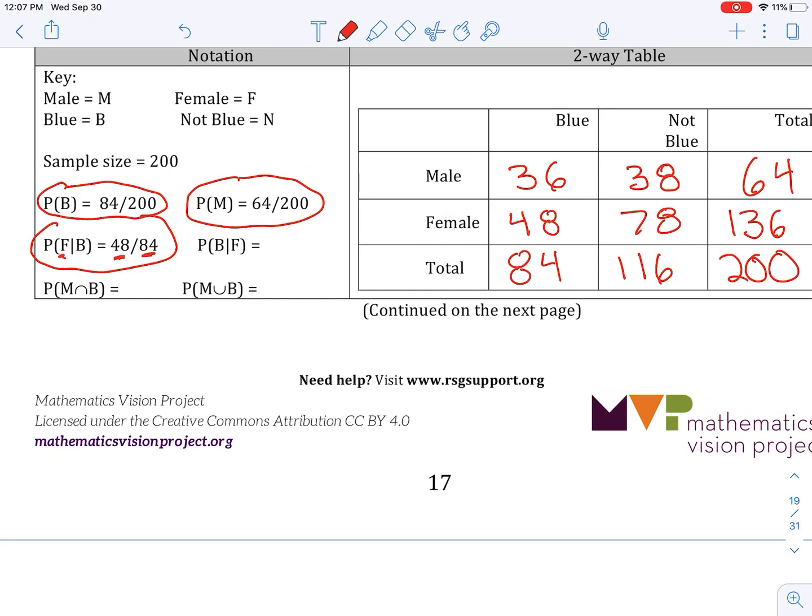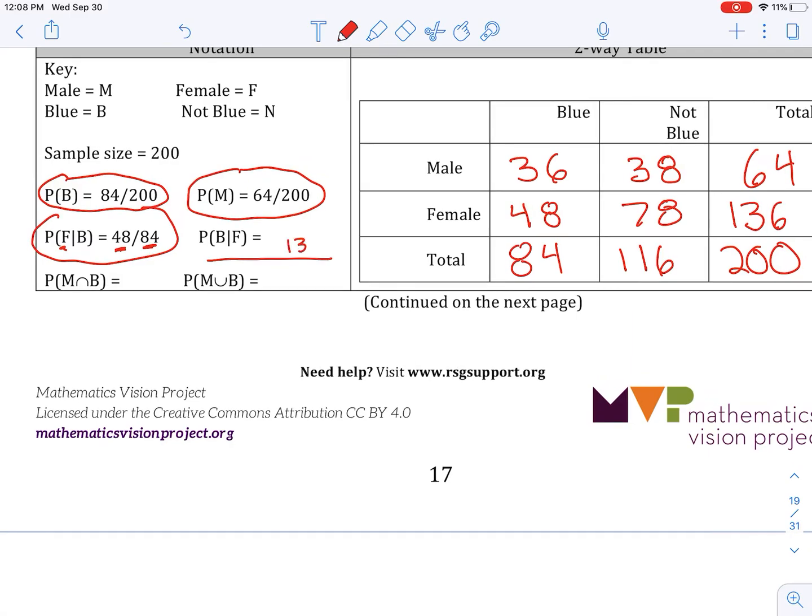Okay. All right, now we got to fill in, I guess we're not given all the probability statements. We got to fill in this stuff too. Maybe pause it and see if you can get it. Probability of blue given female. So my denominator is all females, which is 136. And how many of those 136 females like blue?